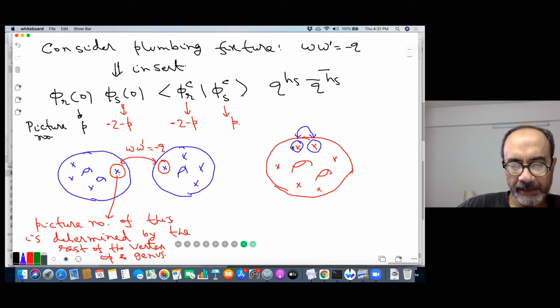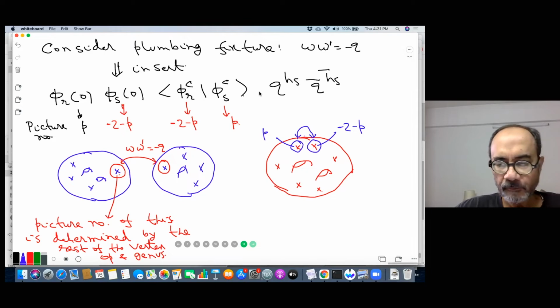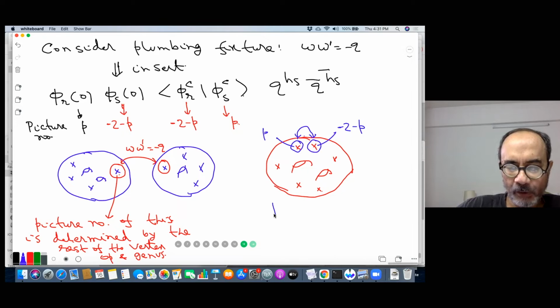If this one has P, this one will have -2 minus P by this counting. But you see that the sum of the two is -2. Whatever P is, these two always add up to -2. So this means that P is not determined by picture number conservation.